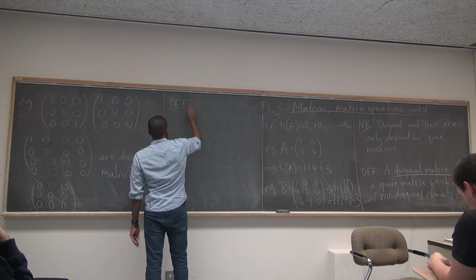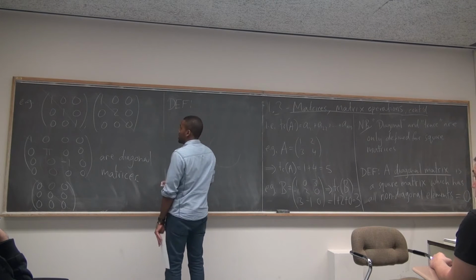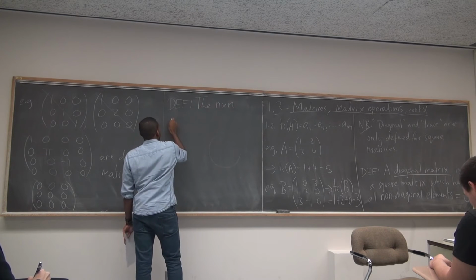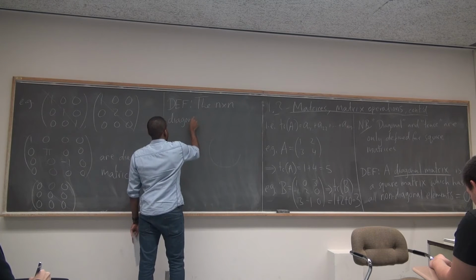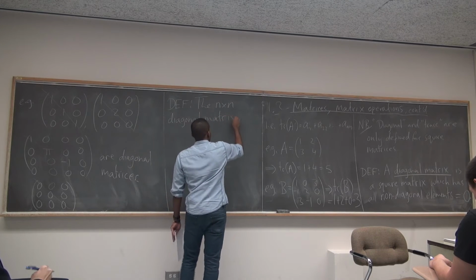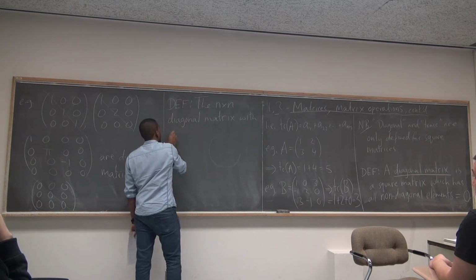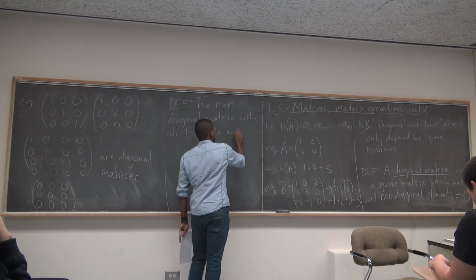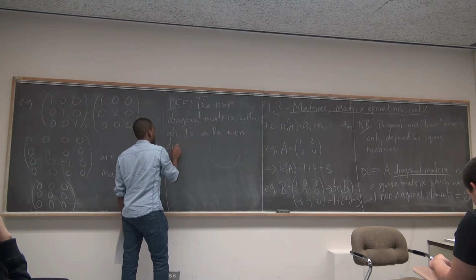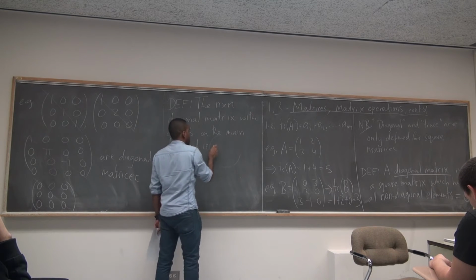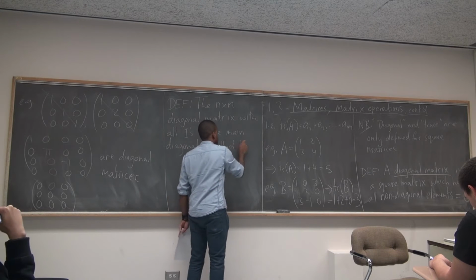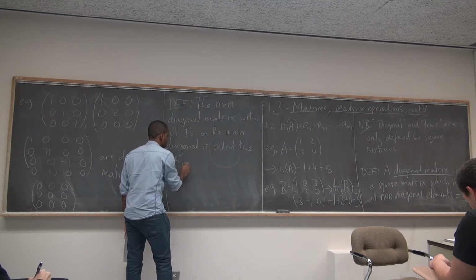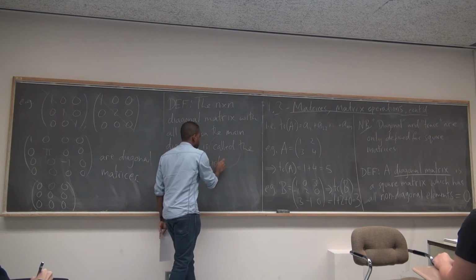There's a super important definition. This is a very useful matrix. It's called the identity matrix. The n by n matrix with all ones on the main diagonal is called the identity matrix.